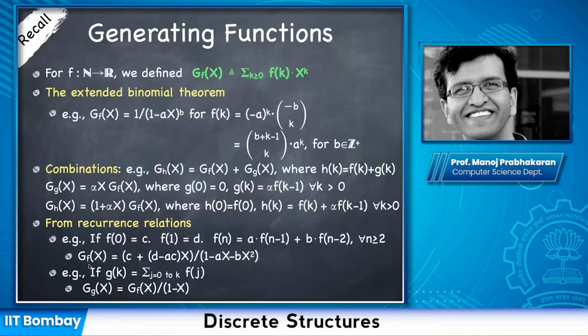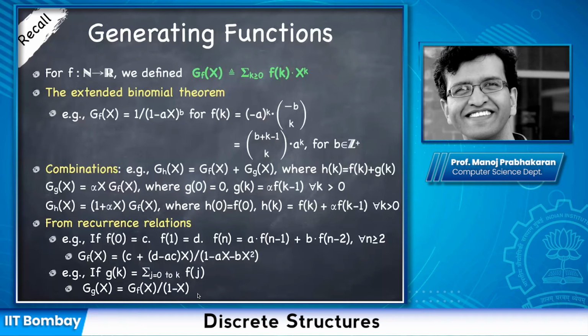And the generating function for such a recurrence relation, we saw last time, you can pretty easily derive as something of this form. Okay? We also saw another example where you define one function in terms of the summation of another sequence, and then you can derive the generating function for this g in terms of the generating function for f in this form. Okay. So these are all examples we saw so far.